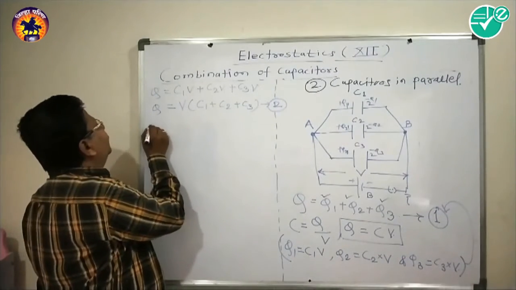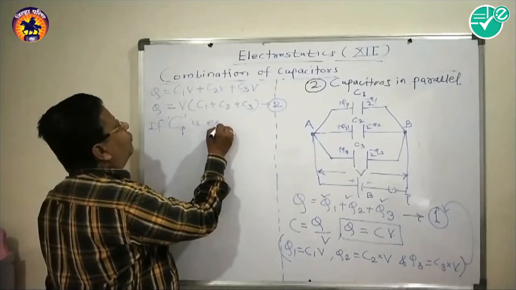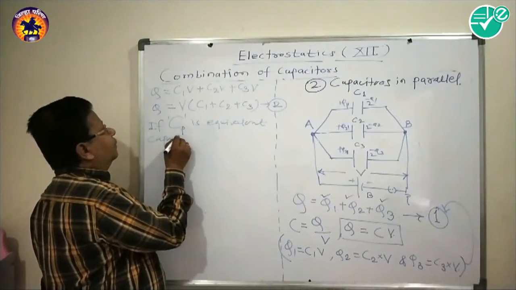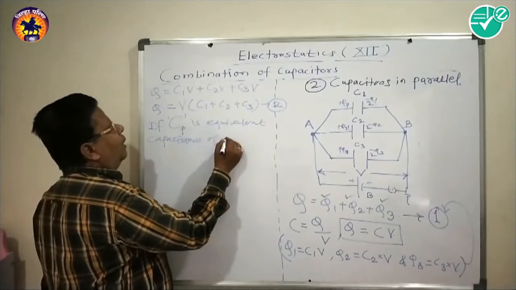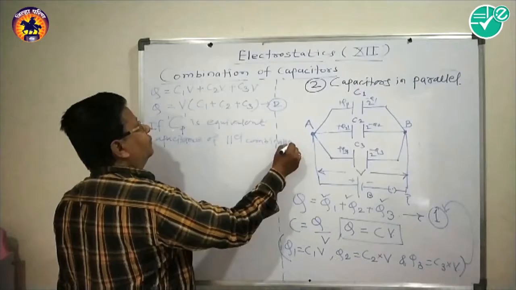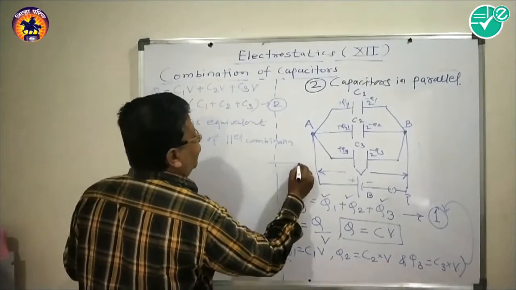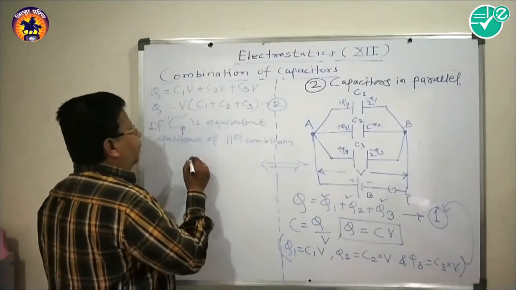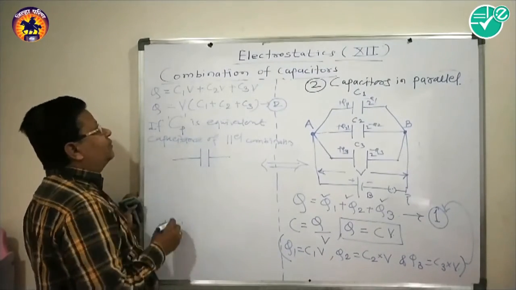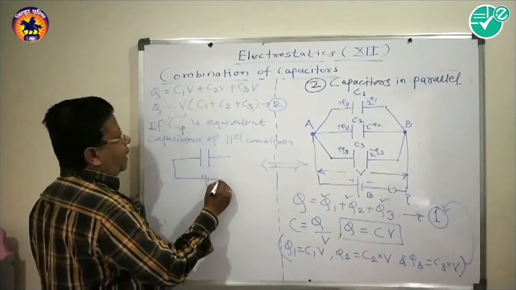Again, if Cp is the equivalent or resultant capacitance of the parallel combination, then this diagram, the parallel combination, is replaced by a single capacitor across which a battery is connected.